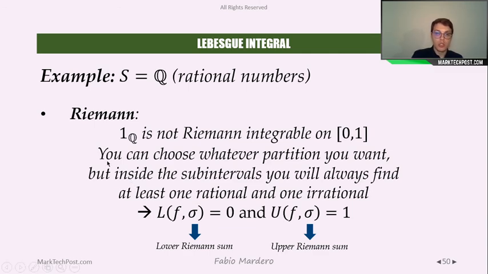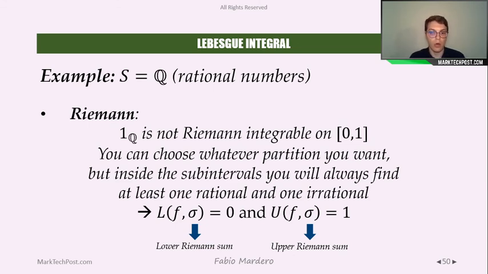Why? Because you can choose whatever partition you want, but inside each subinterval you will always find at least one rational and one irrational. The real numbers are dense. Give me two numbers and I will always find one rational, one fraction, inside the two numbers that you gave me, and one irrational number.